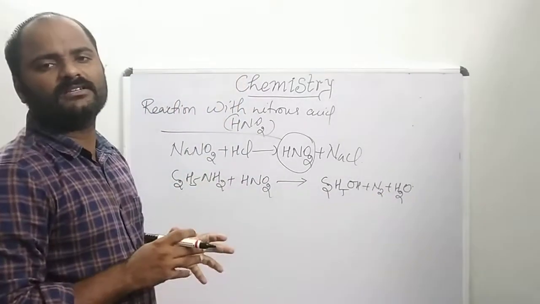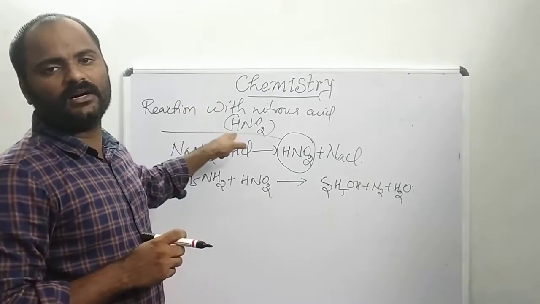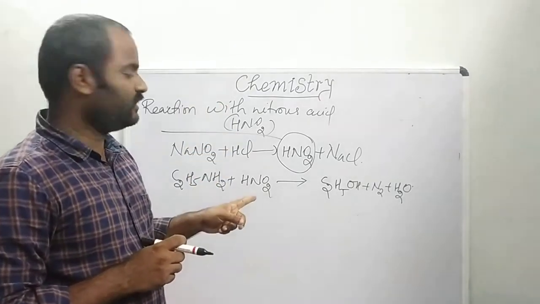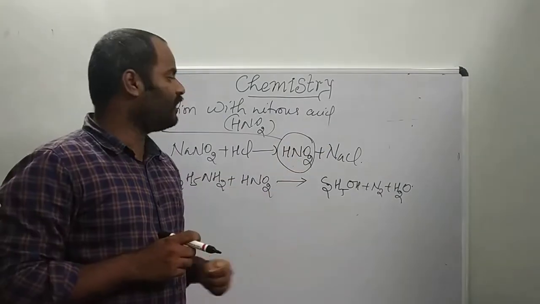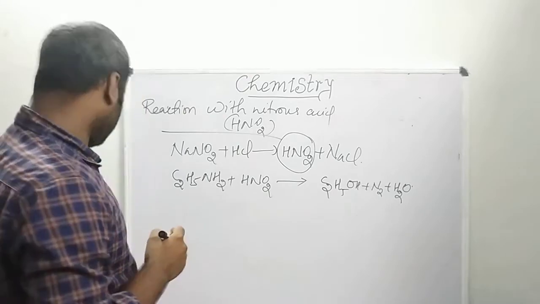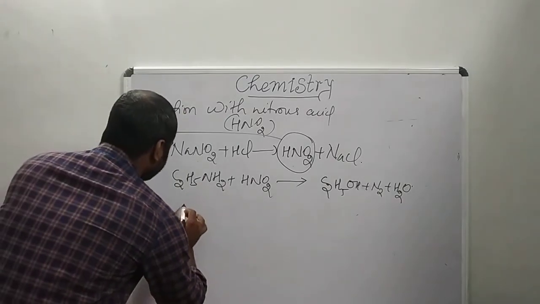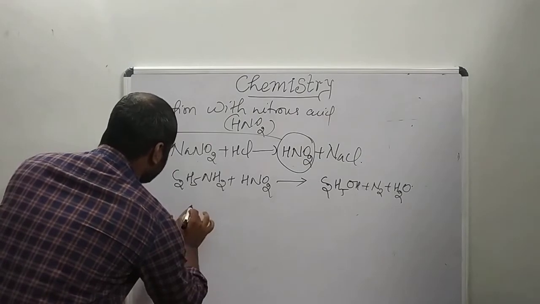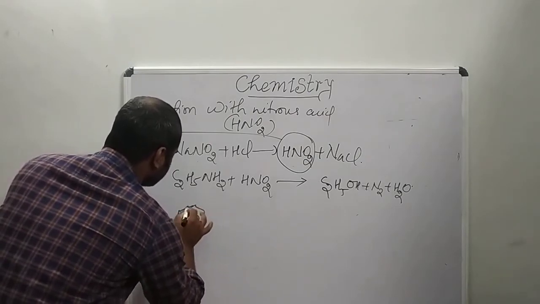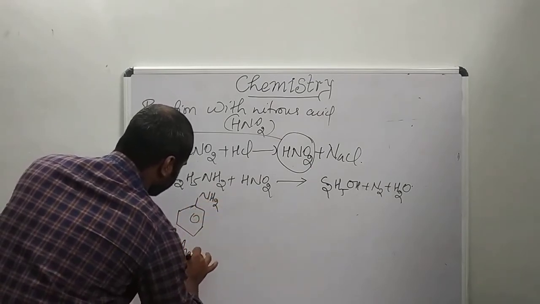It means aliphatic primary amines on reaction with nitrous acid, that is HNO2, you get alcohol. Are you getting me? The next one is aromatic primary amine. An example is aniline.